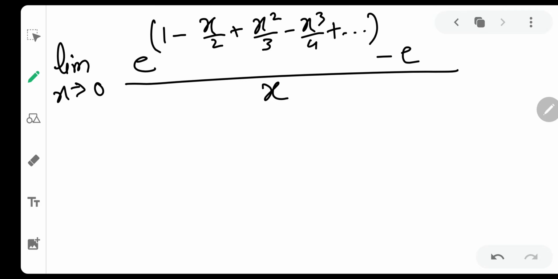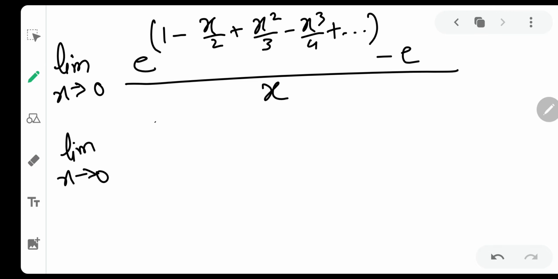Okay, so now as you can see, there are various powers. So what I can do is take e raised to 1, and then I can write e raised to minus 1, let us say. Then I can write e raised to x by 2. Let us do one change over here.